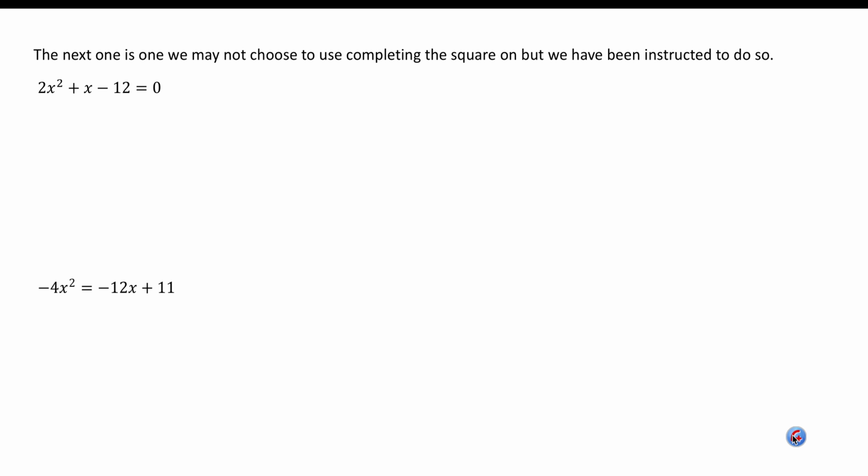In this next one, we may not want to use completing the square, but we've been instructed to do so. So just so we can see the workings of when the leading coefficient is not 1, let's see how we could complete the square. First step, move the constant to the other side.